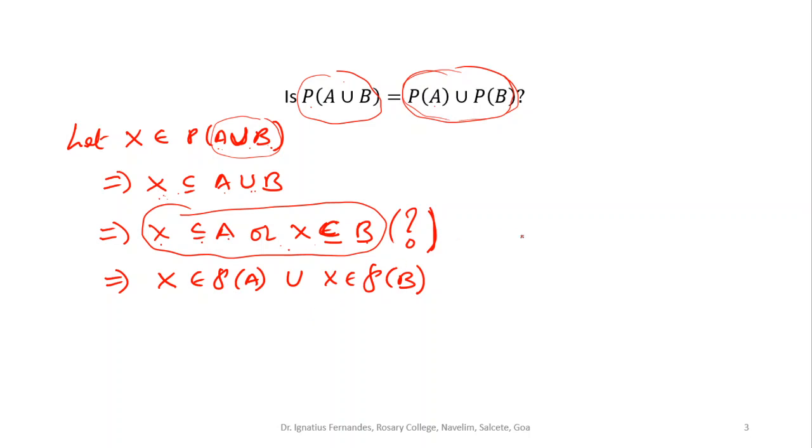Now if I want to show that something is wrong, I have to just give a counter example. We were trying to prove that something is right in general, so we have to prove that it is true in general. But in case I am not sure whether this is correct or not, I have to just think of a counter example to show that this is not right.